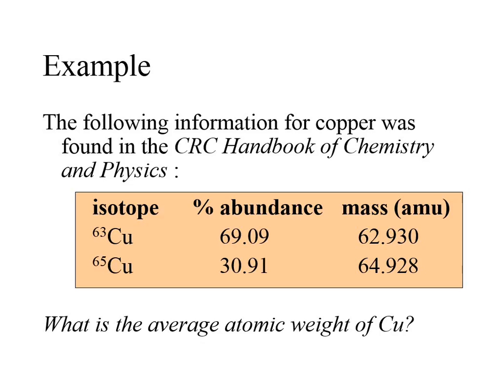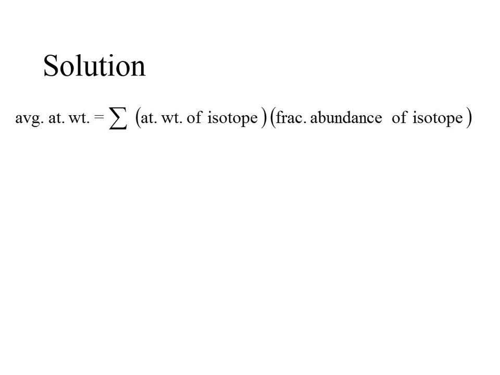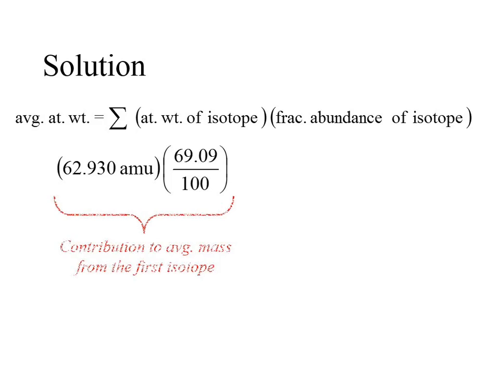So what is the average atomic weight of copper? So we're going to apply that summation. We're going to apply this to that little table we saw. So for the first isotopic form of copper, we take its weight of 62.930 AMUs times its fractional abundance, which is 69.09 divided by 100.